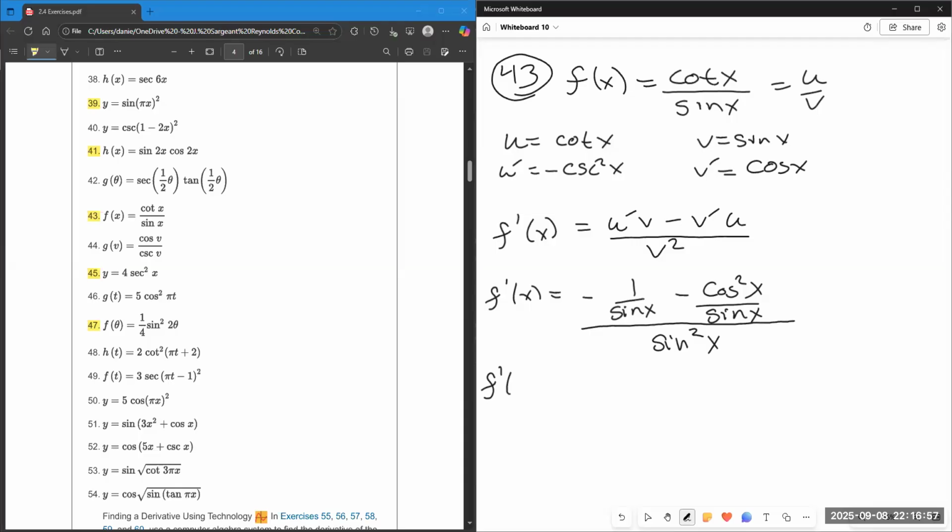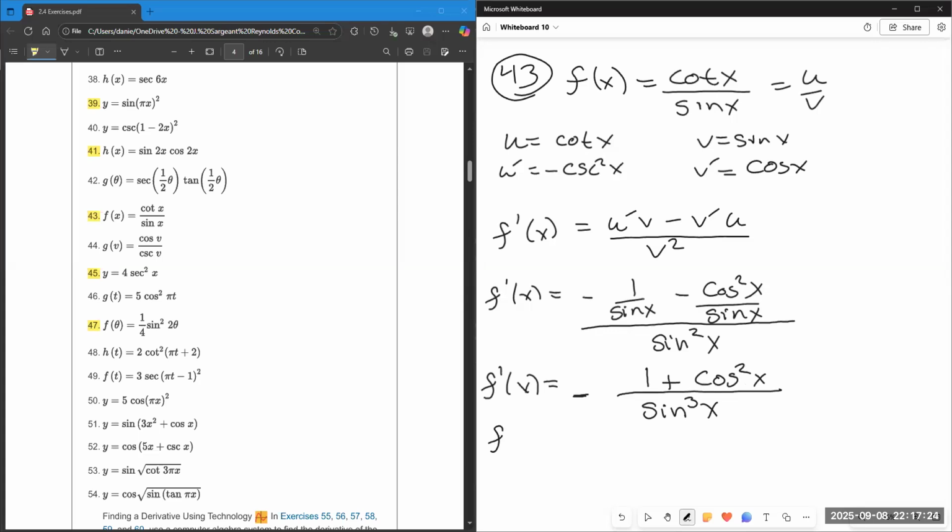So f prime of x is going to be, take that divided by sine out, that negative divided by sine out, and put the negative out front, and put the other sine down here, call that sine cubed. This will be 1 plus cosine squared.